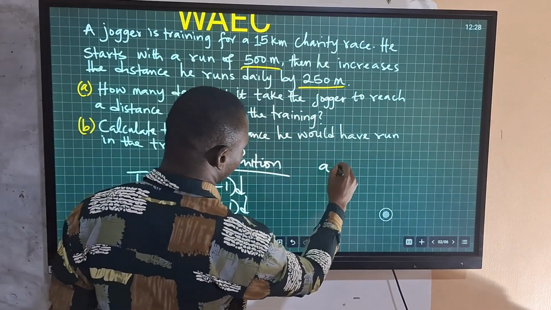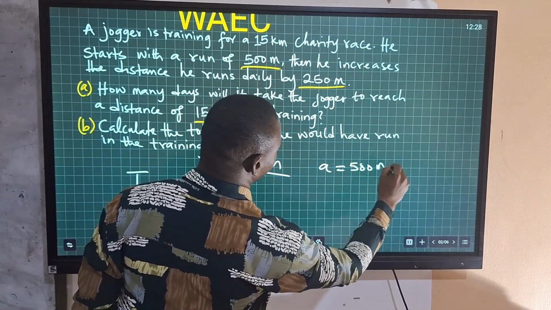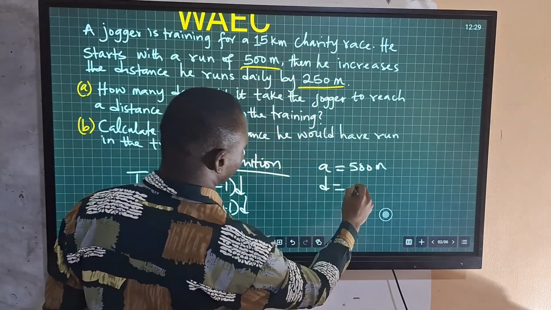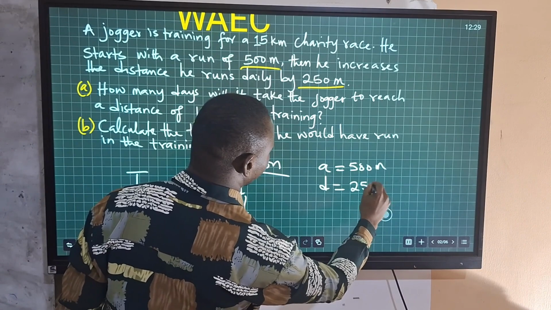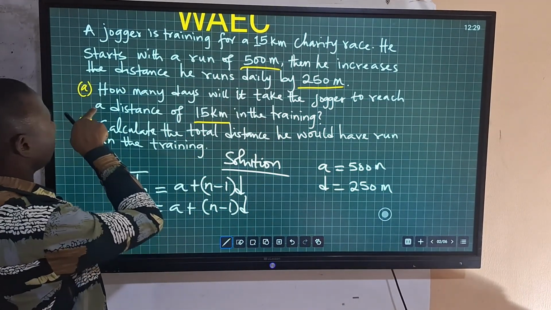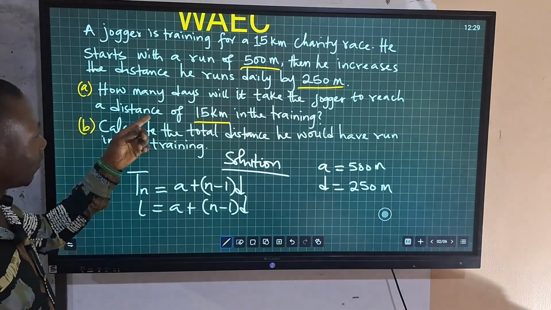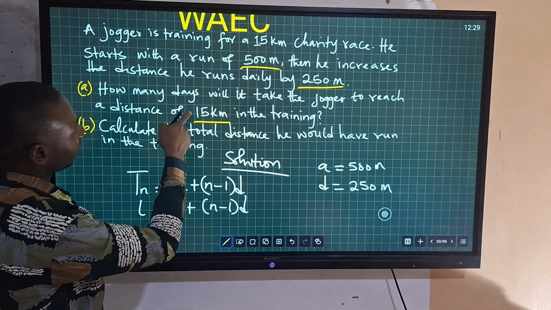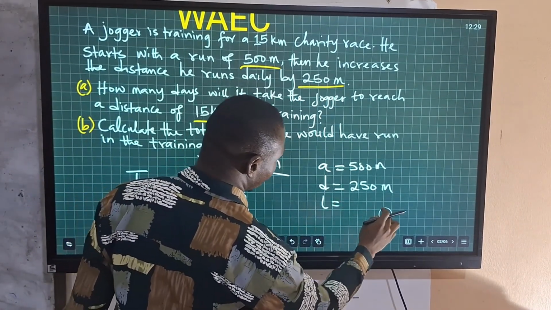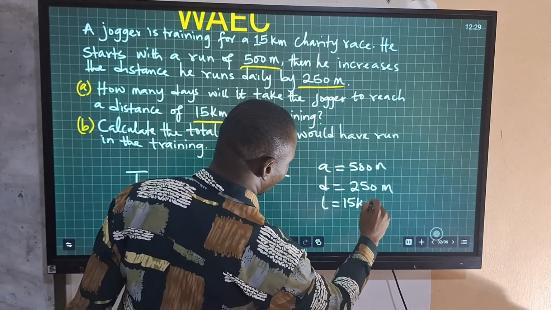So our a is equal to 500 meters. Our d is equal to 250 meters. And our last term, because we want to check the number of days that it will take us to get 15 kilometers distance, is 15 kilometers.